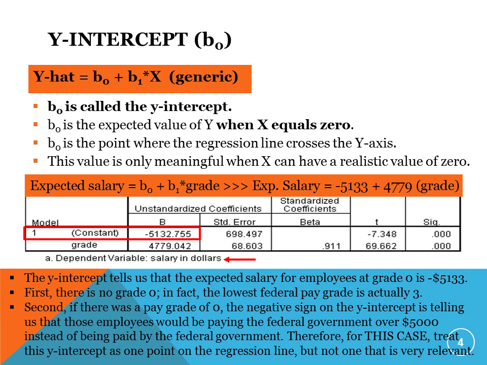So the expected salary for an employee at grade 0 is a negative value, which essentially means that you are paying the government back, which obviously is not logical, but that's what I mean by this last bullet point, telling us that the value is only meaningful when x can actually be 0. For the federal pay grade, it actually starts at, I believe, 3, and so a pay grade of 0 does not allow us to predict anything realistic. Okay?